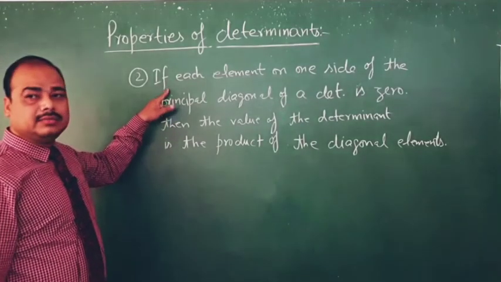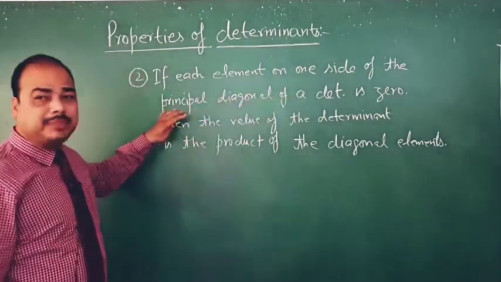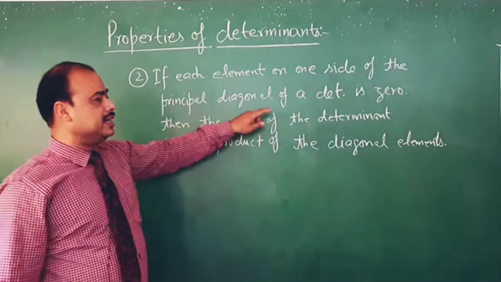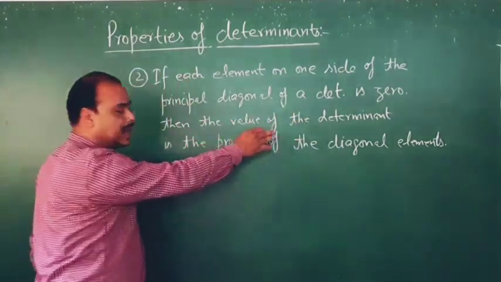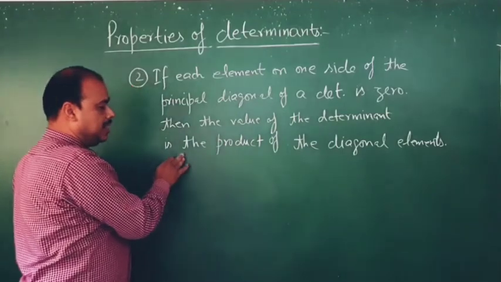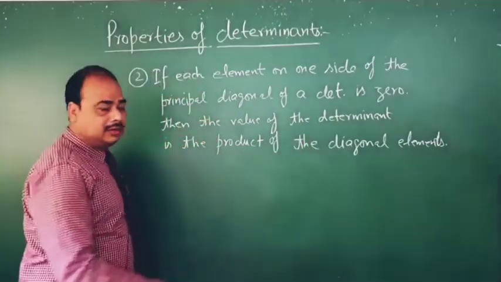Second property. If each element on one side of the principal diagonal of a determinant is 0, then the value of that determinant is the product of the diagonal elements.